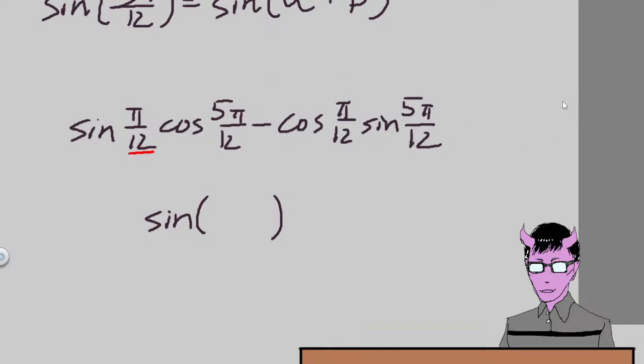So this is term number 1, this is term number 2. Before we even set it up, you should just try to see if they simplify to something nice in the first place. So here we have the term number 1 plus. Is it plus? No, it's minus, because sine keeps the same sign. This is going to be 5 pi over 12.